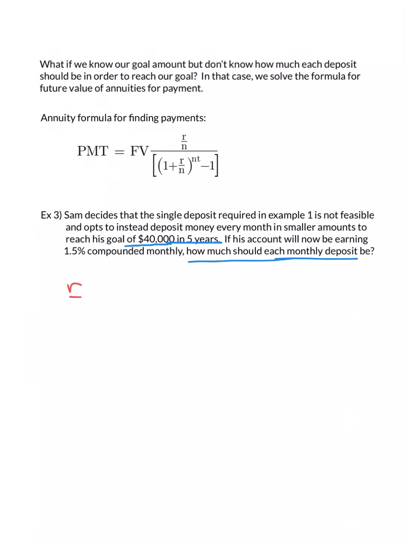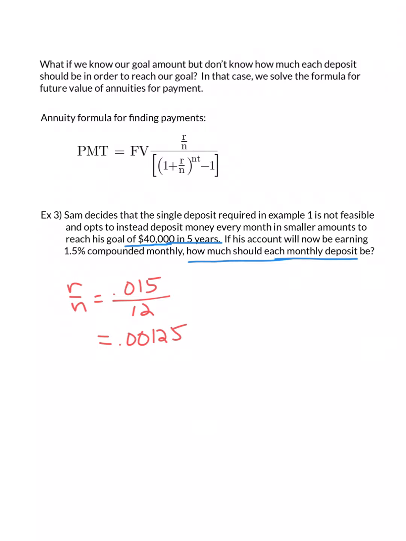So r over n on this problem is 0.015. Because it's monthly, we're going to divide by 12. So we're going to get 0.00125. You may have noticed that all the examples that we are doing together, the decimals come out nice, they terminate.